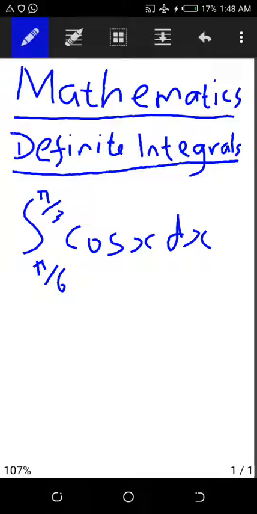Okay, so we want to evaluate the definite integral of cos x with the upper bound of pi over 3 and the lower bound of pi over 6 with respect to x.